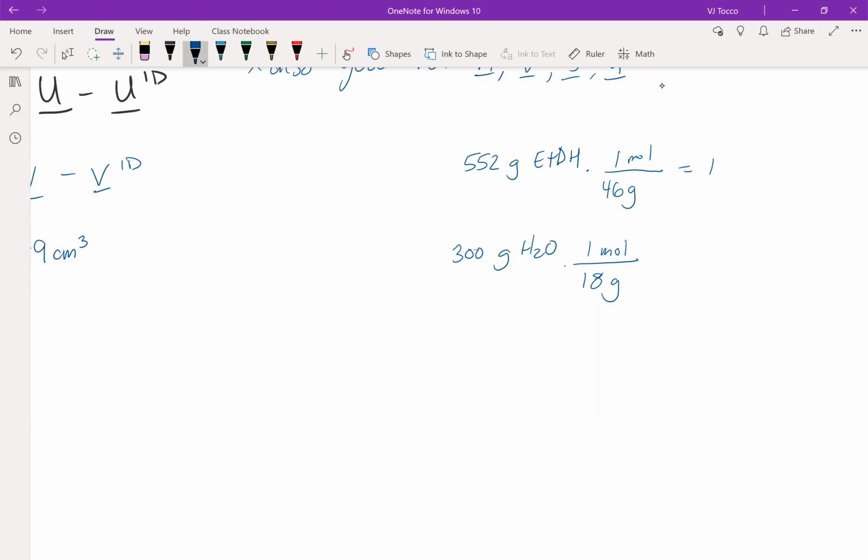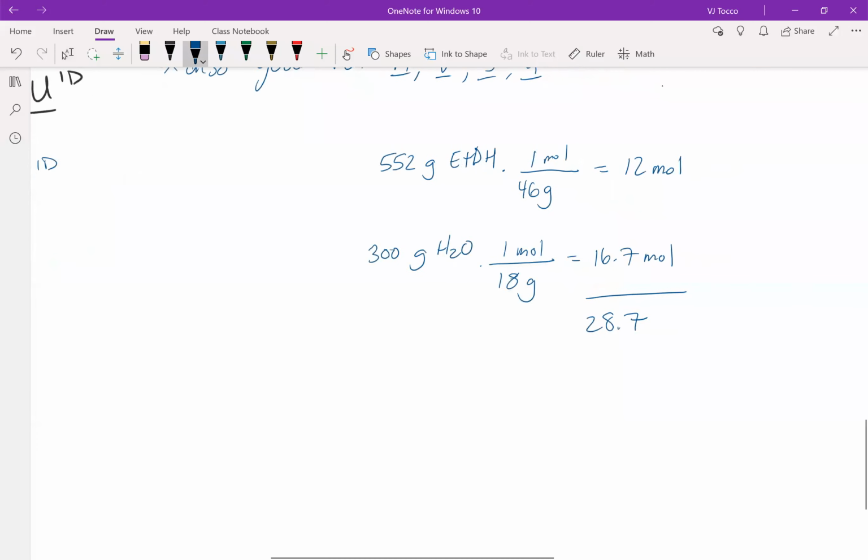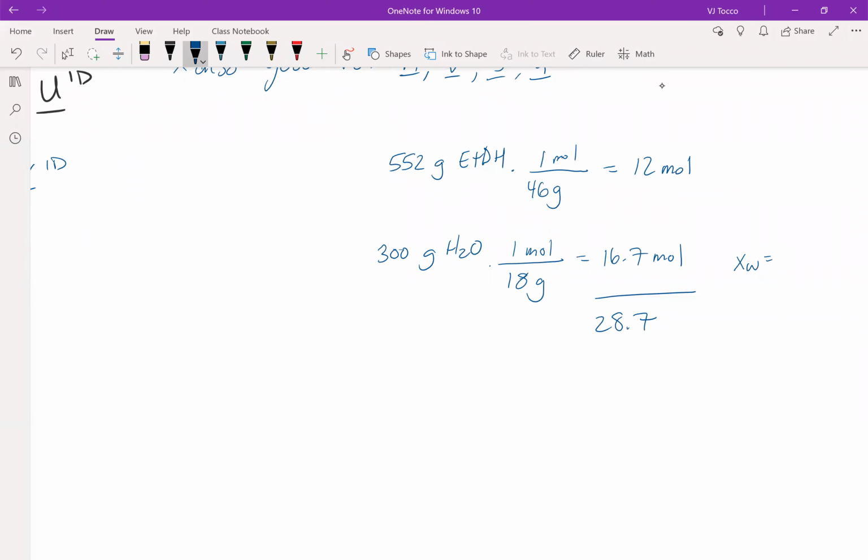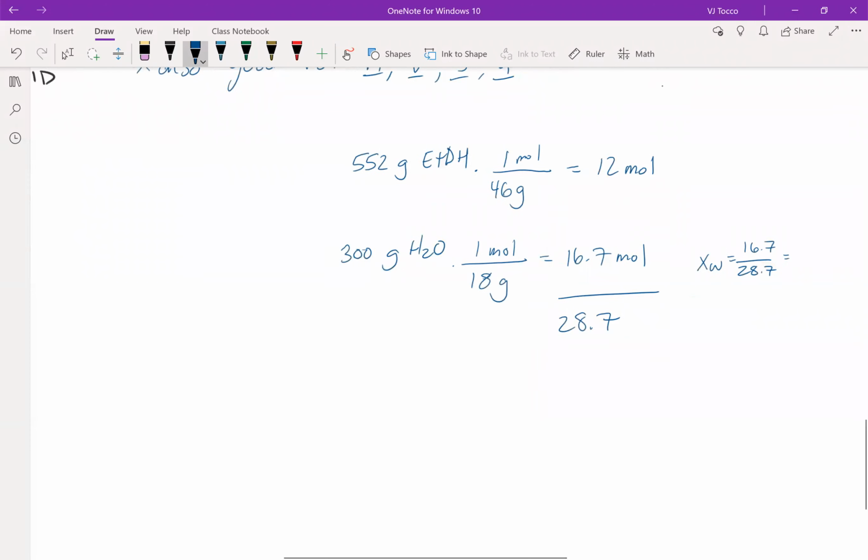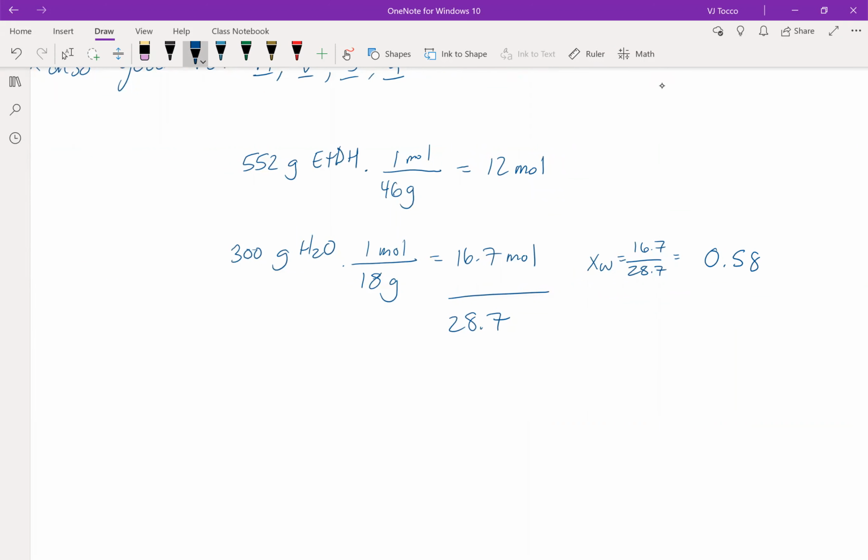This is equal to 12 moles, and this one is equal to 16.7 moles. So total moles then is 28.7, and then mole fractions, so X water is equal to 16.7 divided by 28.7, which is 0.582, which means that ethanol must be 12 divided by 28.7, 0.418.